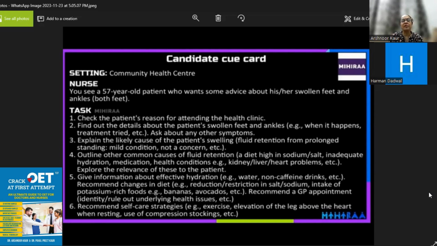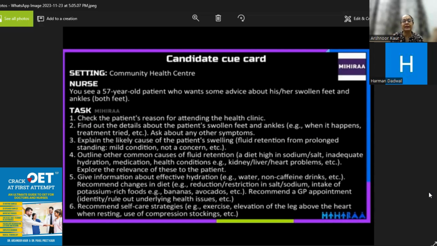If the person keeps standing for a long time, or is carrying a heavy burden or weight, or walking a lot, then it is expected that the person may experience such a problem. Otherwise, it might be due to water retention or fluid retention. Then, a mild condition, not a concern, you can outline other common causes of fluid retention, that is diet.